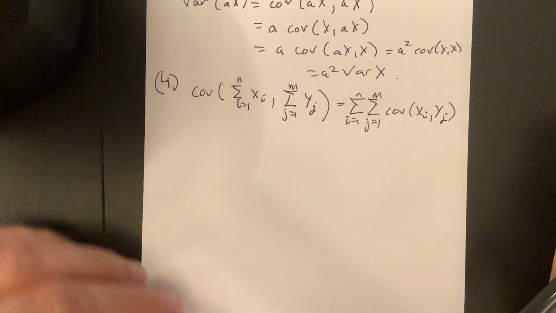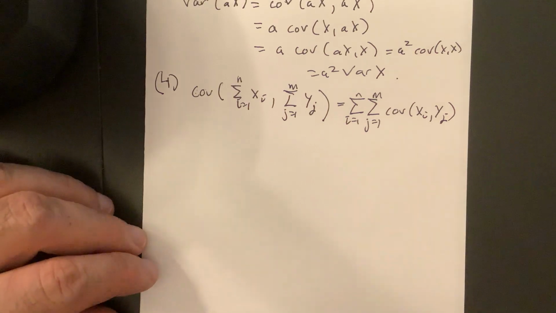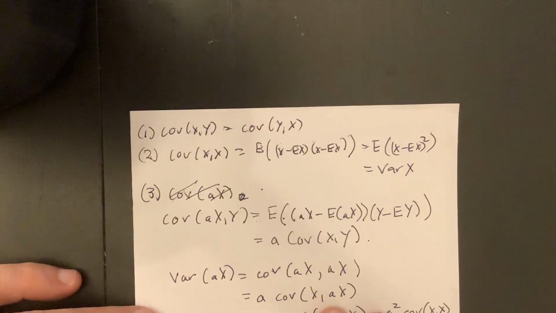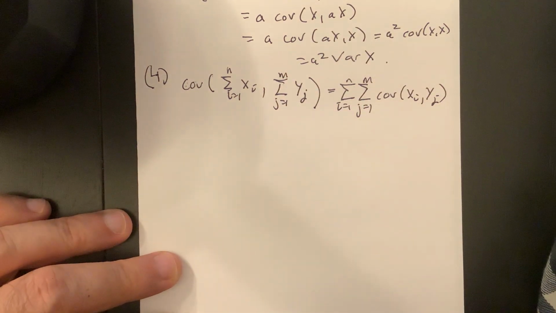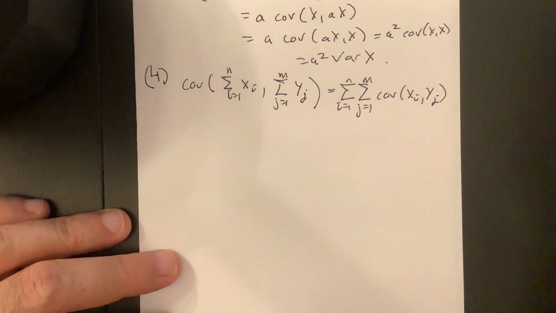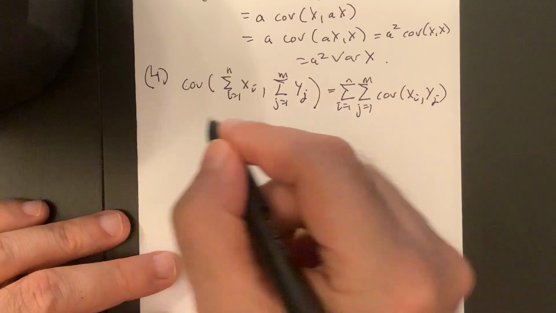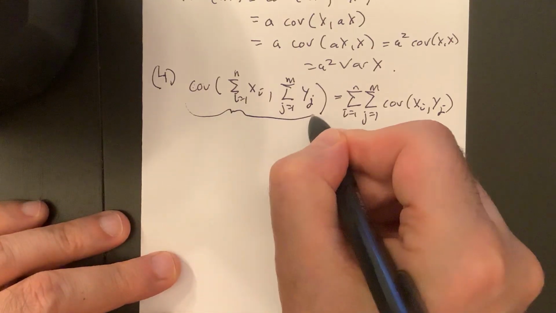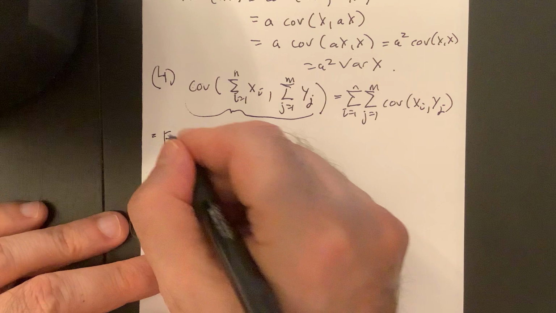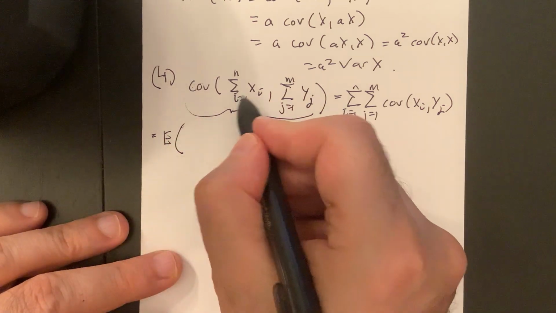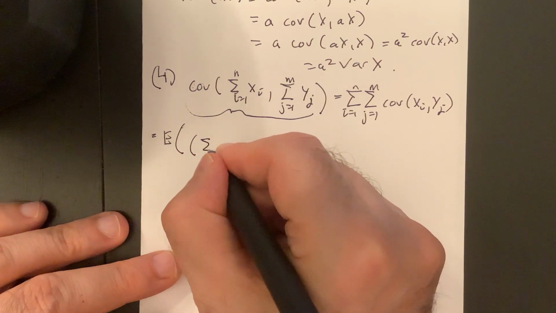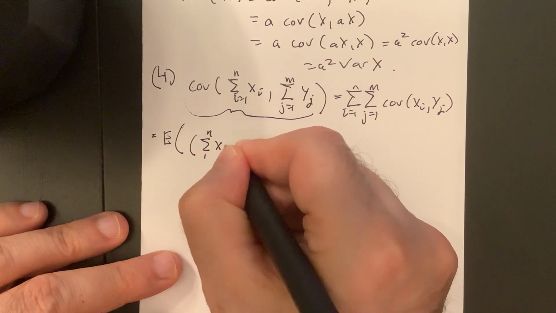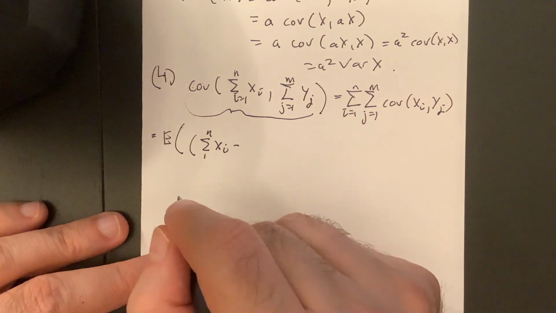Okay, and this isn't terribly hard to do. It should not be hard. All right, well, let's just run the definition really. So this is equal to E of, I need this minus its mean, expected value of this, minus the mean of that.